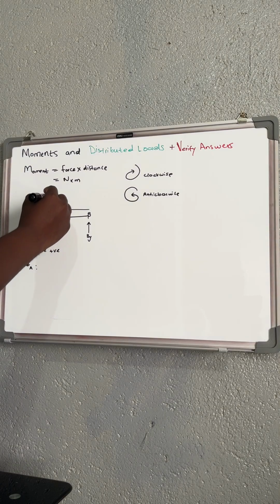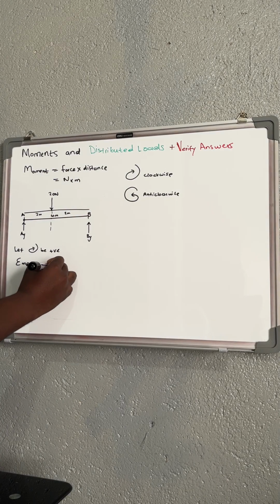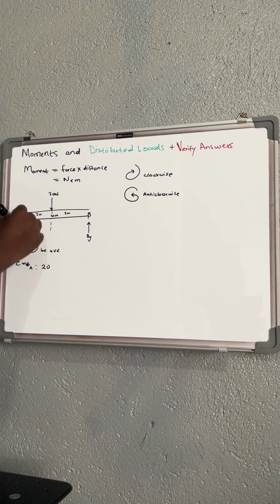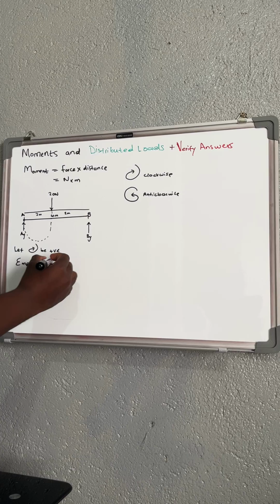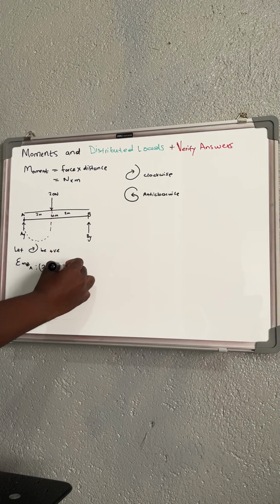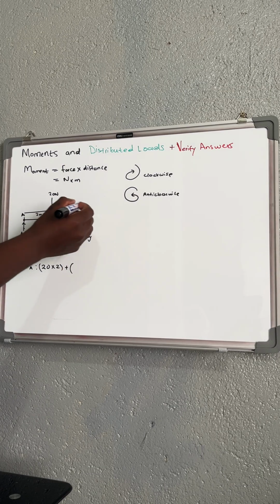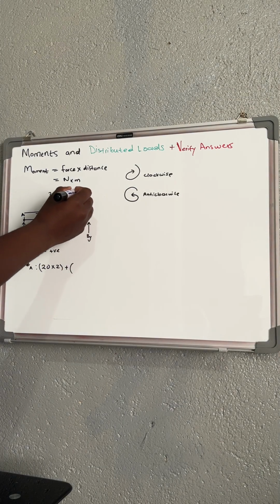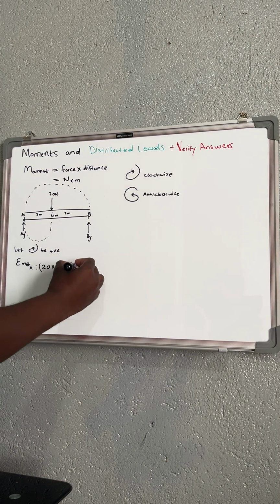You're going to have this 20 Newton, which is acting at that side. We have the force multiplied by the distance. The force is that 20 Newton. It's going in a clockwise direction. Remember, it's moving like this. So it's going to be 20. The distance in between is your 2 meters. Plus, then we consider this force also. It's going in which direction? It's going in this direction, which is anti-clockwise.